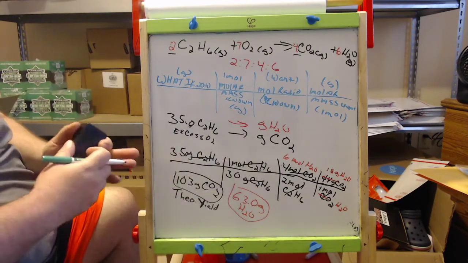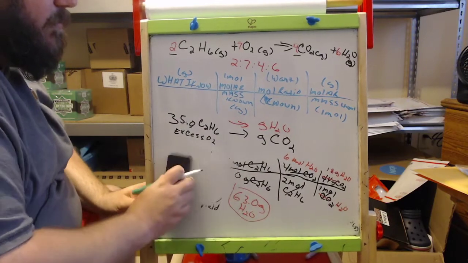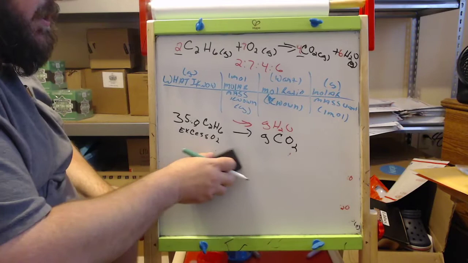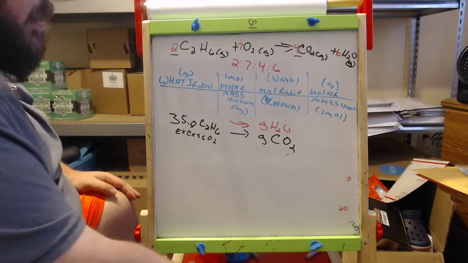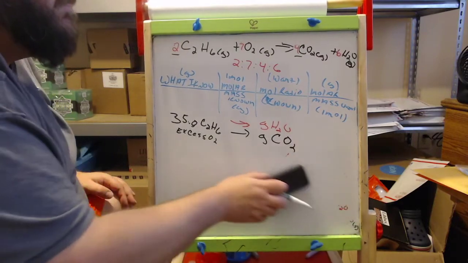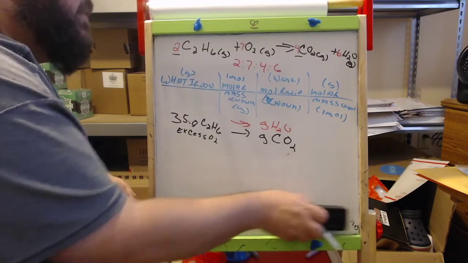So I'm going to erase this so I have a little bit more boardroom. What was it? 103 and 63, right? So let's imagine we did this experiment in lab, and we want to see how well we did.